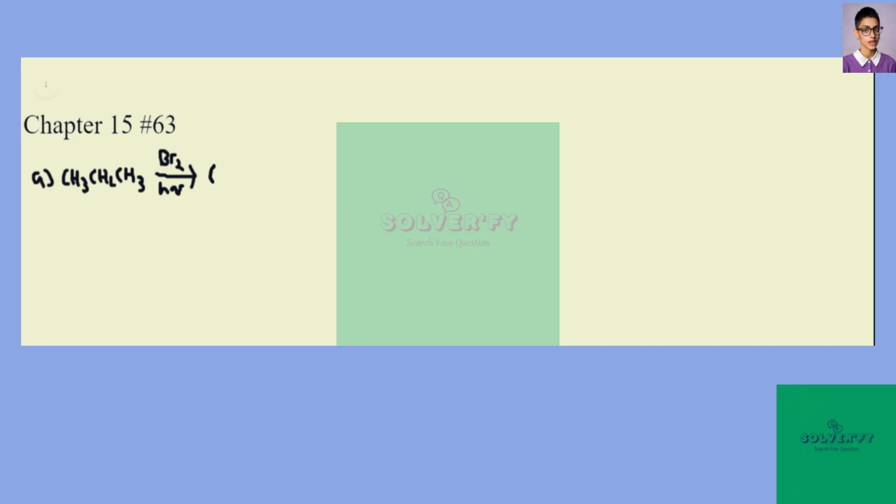It's going to selectively brominate this secondary carbon. Okay, and then from here, what we can do is treat this with potassium tert butoxide. And that's going to get us to the alkene.